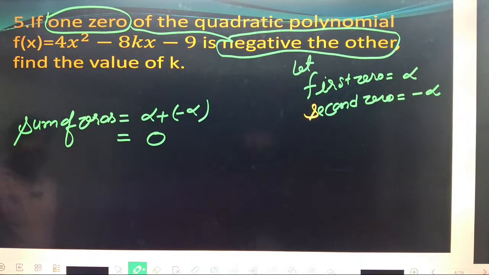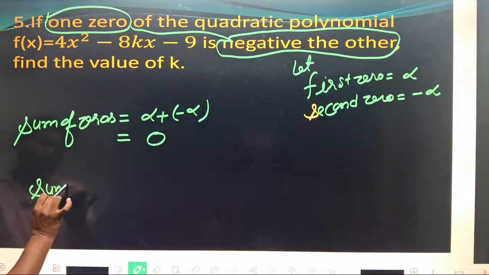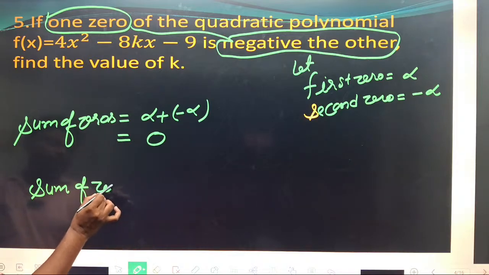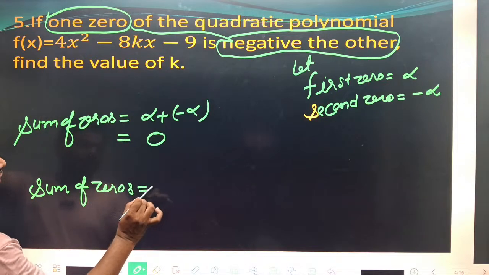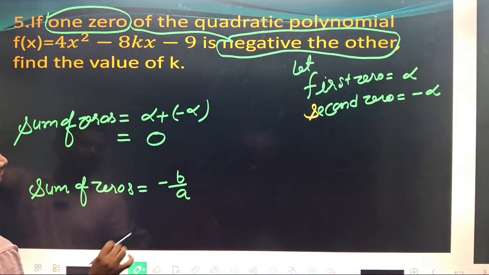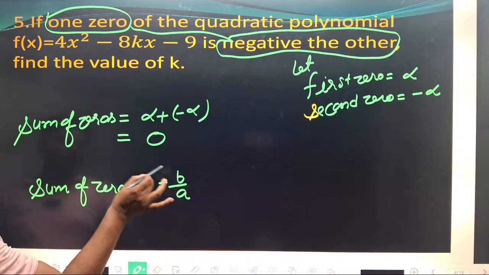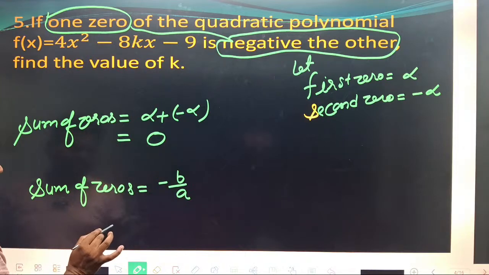And the sum of zeros is equal to minus b by a. Compare this relation with 0, because both have the same meaning. Now compare minus b by a equal to 0.